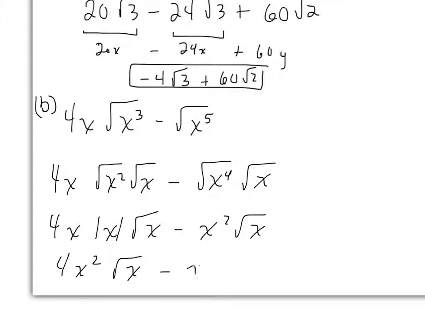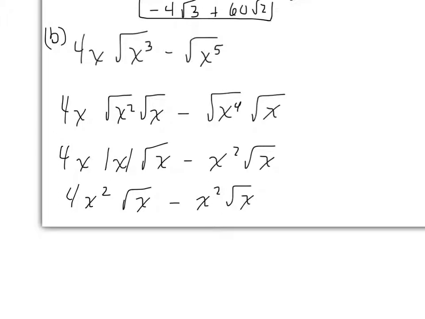Radical x minus. And then we can combine like terms. 4x squared minus x squared. Think of this as a coefficient and this as a coefficient. If this had been, let's say, 4y minus 1y, it would just be 3y.